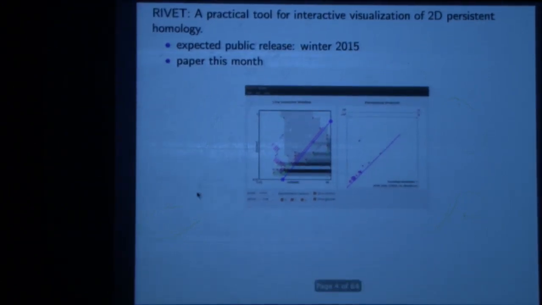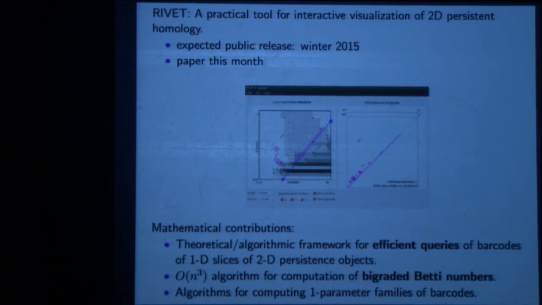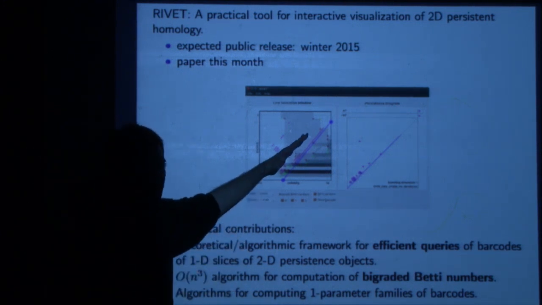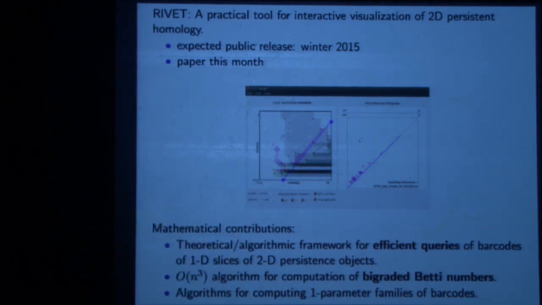All right, a lot of this talk is going to be about introducing persistent homology basics. So I just thought I'd explain what we're doing mathematically in this project right away before I delve into background material. On the mathematical side, the main contribution is a theoretical and algorithmic framework for performing efficient queries of these barcodes of 1D slices of 2D persistence objects so that we can browse them in real time.